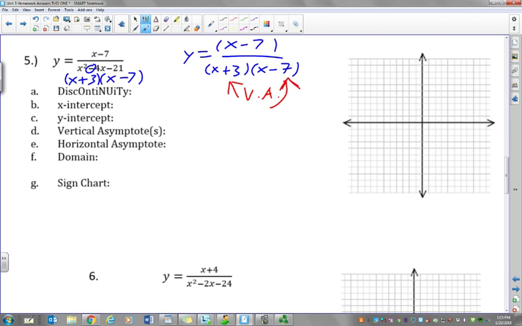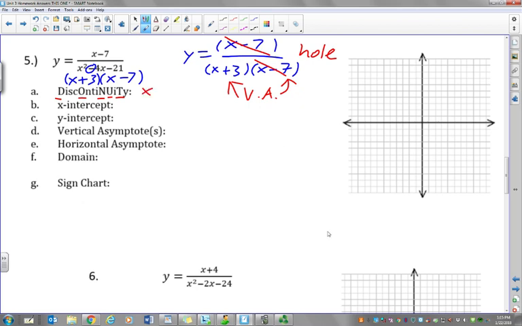But since the x minus 7's cancel, they become the hole. What's another word for hole? Donut hole. Discontinuity is another word for hole.